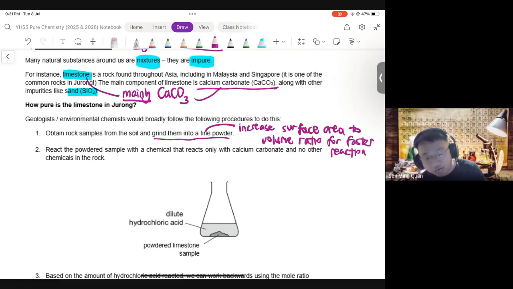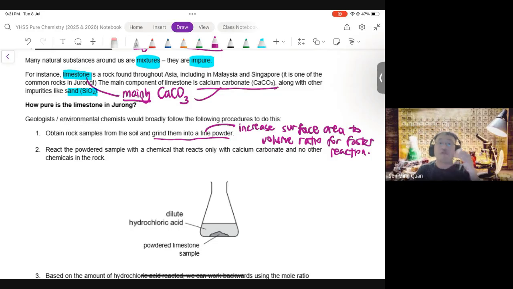Imagine if you did not grind the rocks up, they will take very, very long to react with the hydrochloric acid, even though they do contain carbonates. So the idea of grinding is always to increase the surface area to volume ratio for faster reaction.